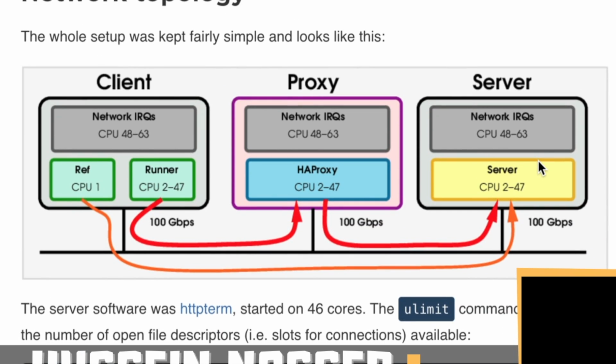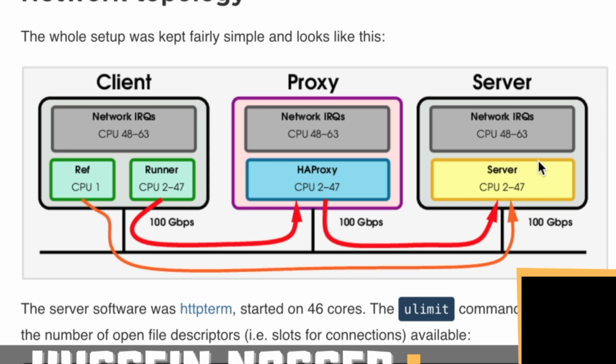So let's talk about the 64 cores. How did Willie divide these 64 cores? He reserved cores from 48 to 63 for the network interrupts. So you have 16 cores dedicated just for networking stuff, because the operating system needs to push these packets out.